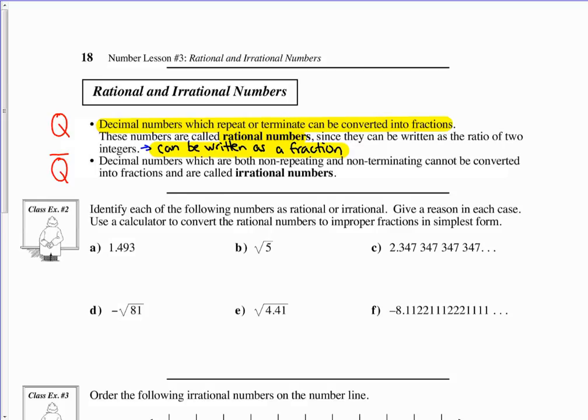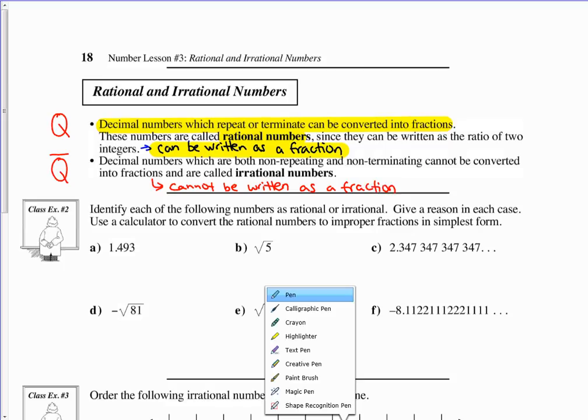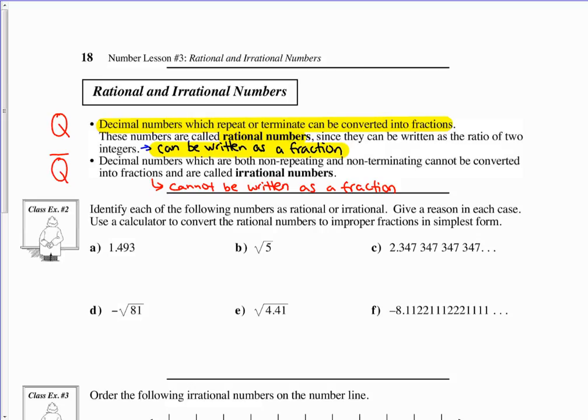Irrational would then be the opposite of that. So an irrational number cannot be written as a fraction. And if they're a decimal, we know that they can't be written as a fraction if they are both non-repeating and non-terminating.